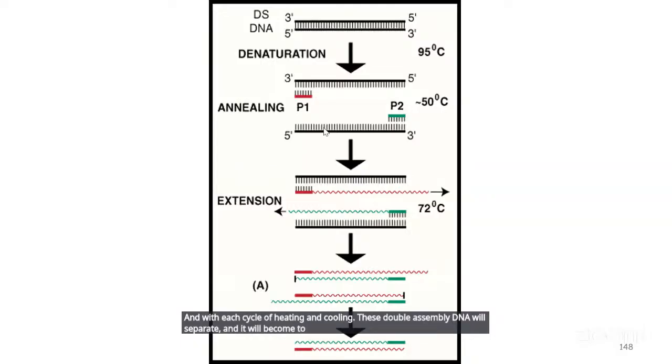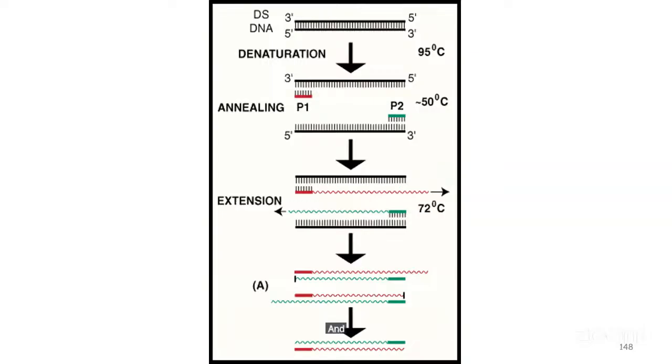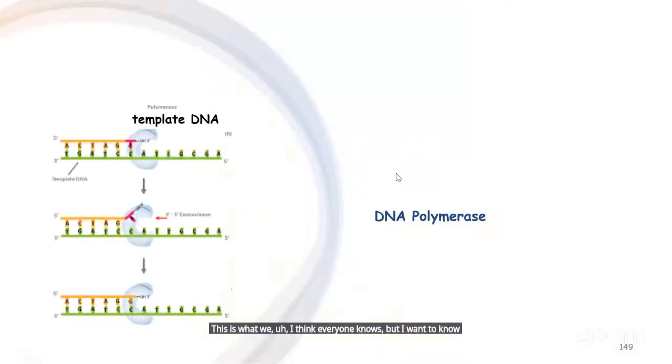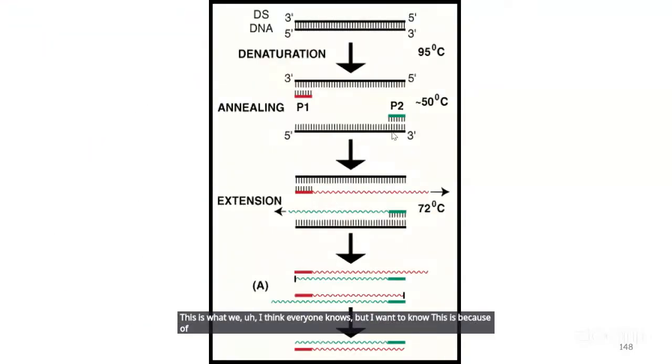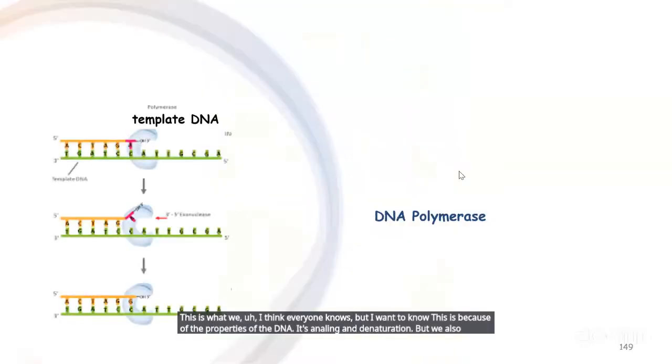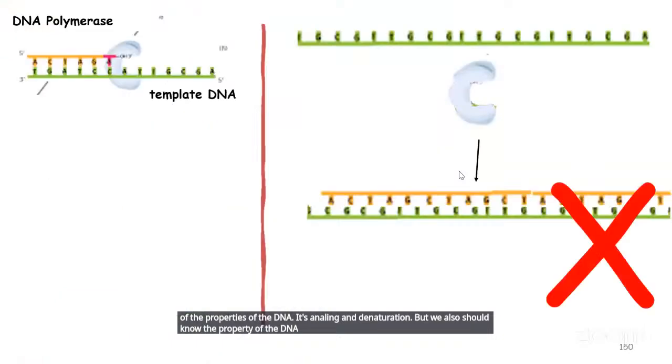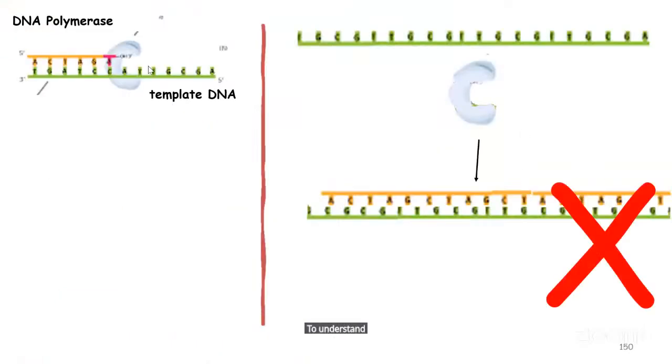They will polymerize, and in one cycle, we will have 2 DNA fragments. And like this, after 30 cycles, we can generate a lot of DNA. I think everyone knows this is because of the properties of the DNA, its annealing and denaturation, but we also should know the property of the DNA polymerase enzyme to understand it correctly.